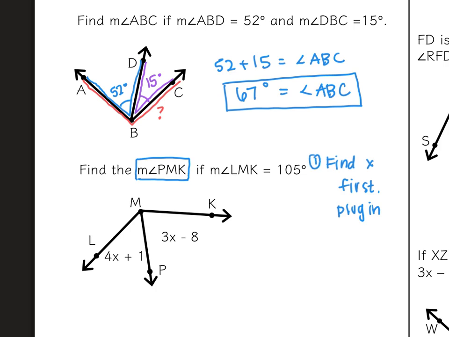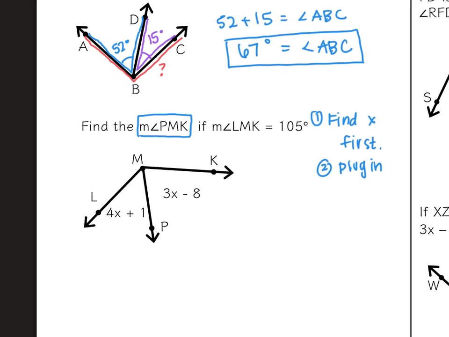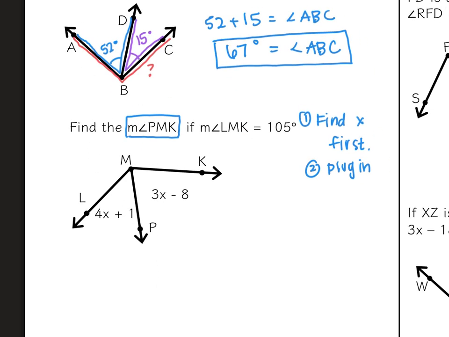So we take our first part, 4x plus 1, our second part, 3x minus 8, and then our whole part here, LMK, which the problem tells us is 105. So this whole thing is going to be 105.